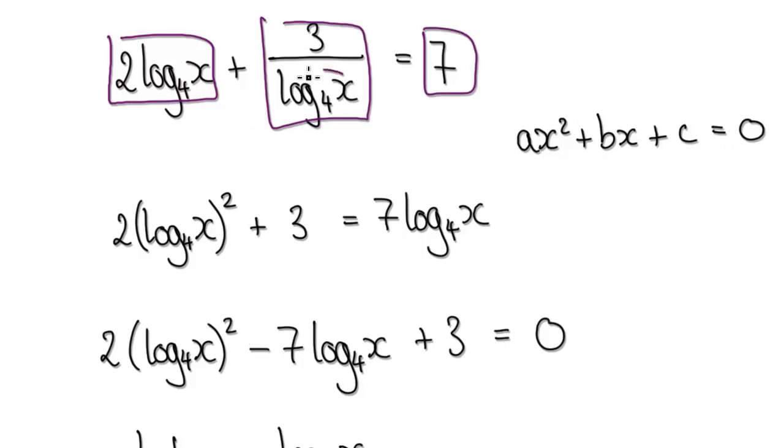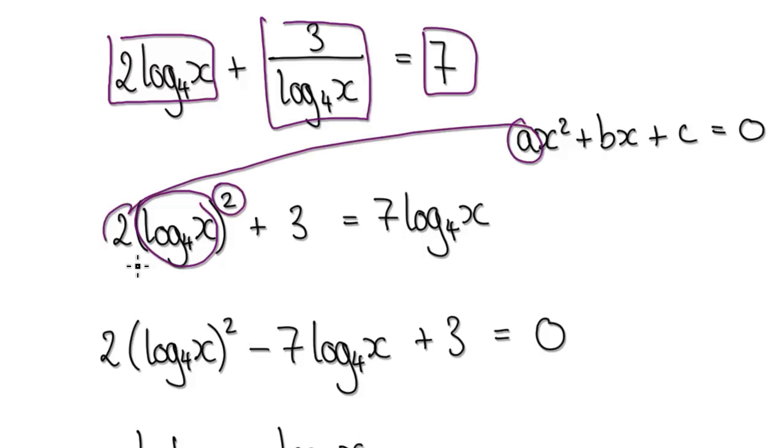Times everything by log base 4 of x. When you times this by log base 4 of x, that will then give you this thing squared.